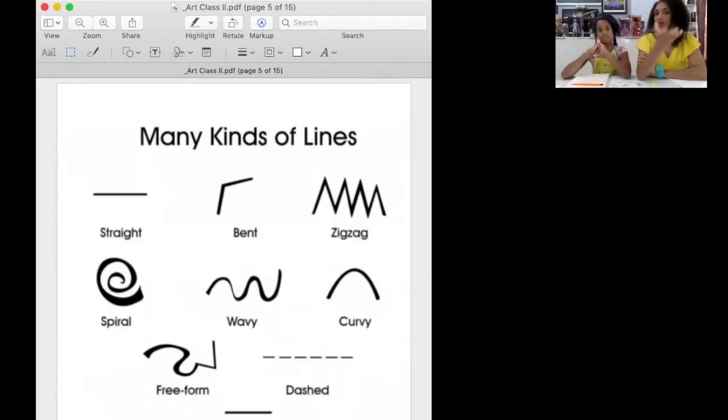But it has a lot of them. We want to see how many of you have seen these lines in nature, and in art, now that you are an artist. At the end of this class, you'll be getting a prize. Is that true? No, it's not.